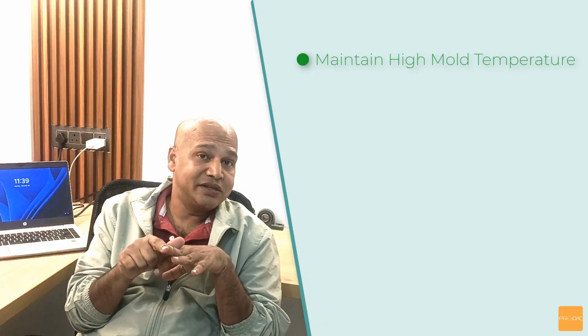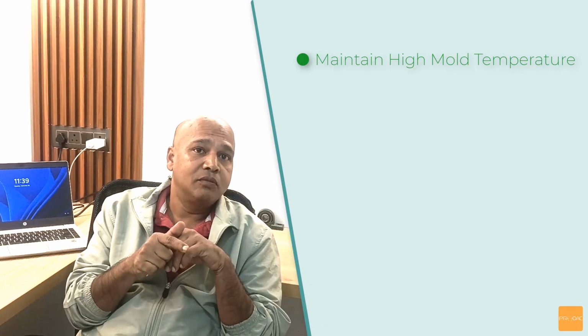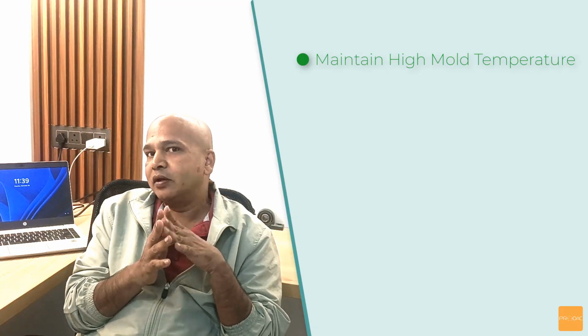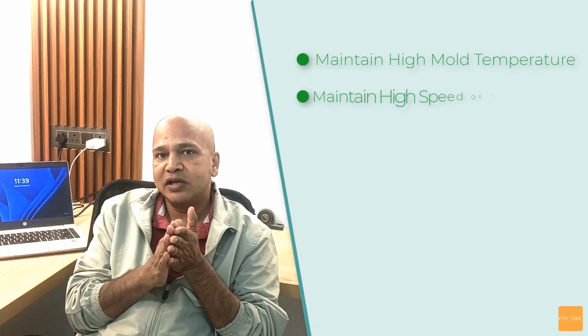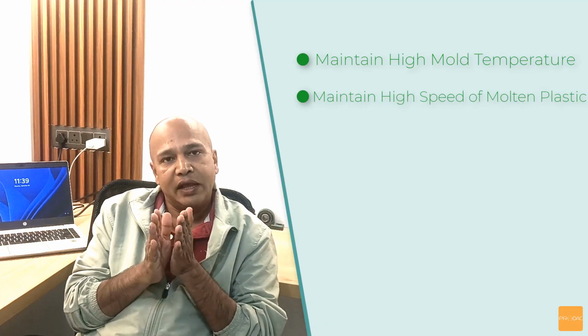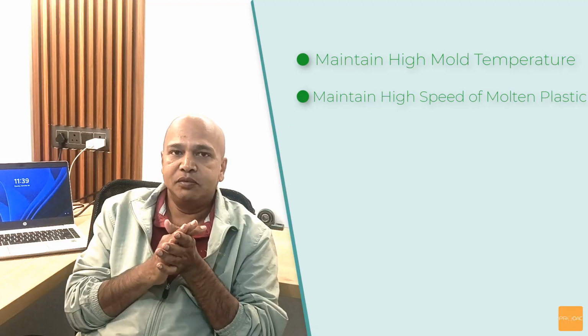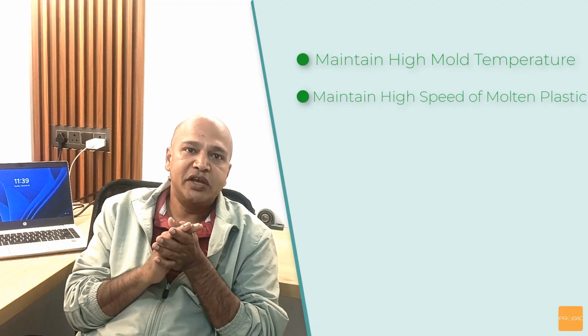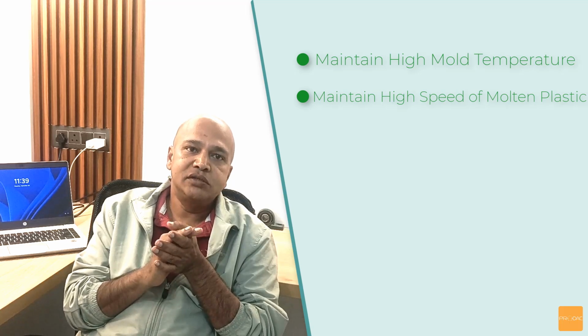One cause I can say is that whenever low temperature is there in the mold, it will cause these lines. The third is, if the molten plastic has inadequate speed in the mold, then again this issue will surface. So low speed is also another cause. So make sure your speed is maintained.